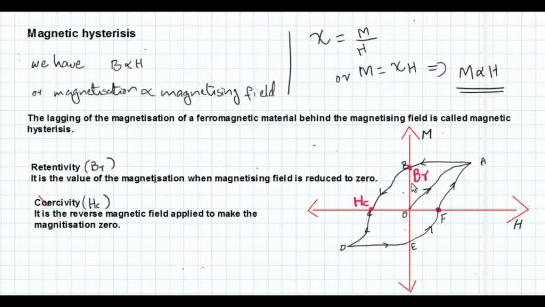The magnetization is reduced to 0 only when the magnetizing field is reversed, and this point is called coercivity. It is the reverse magnetic field applied to make the magnetization 0. So the reverse value of H applied to make the magnetization of the ferromagnetic material 0 is called coercivity.